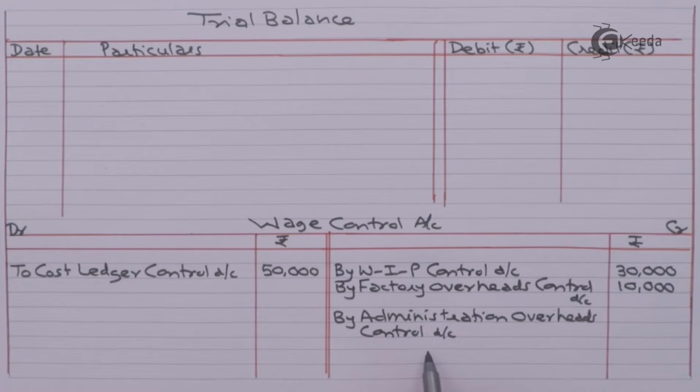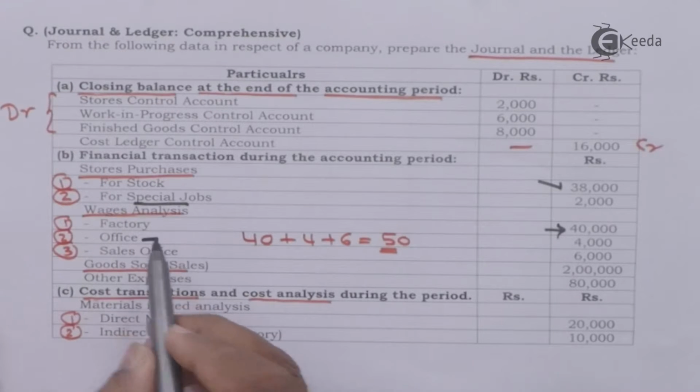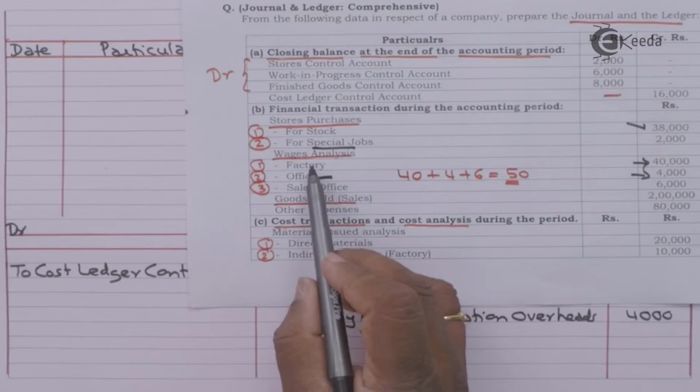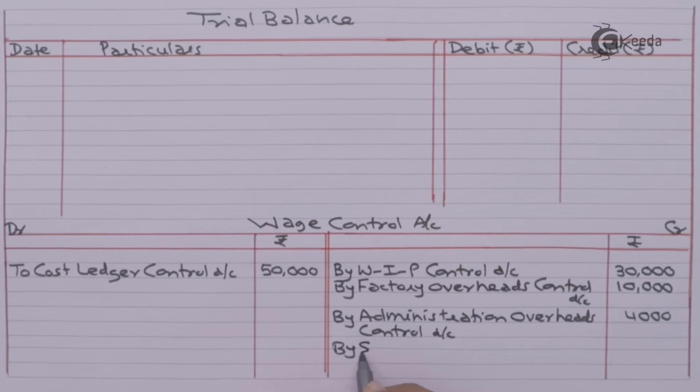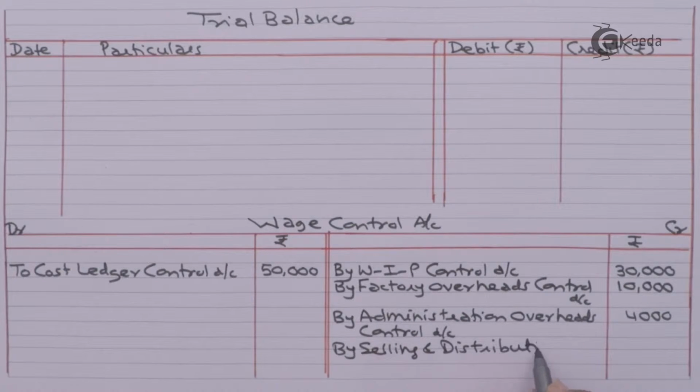Administration overheads control account, that is wages for office 4,000. Wages for sales office 6,000. By selling and distribution overheads control account 6,000.